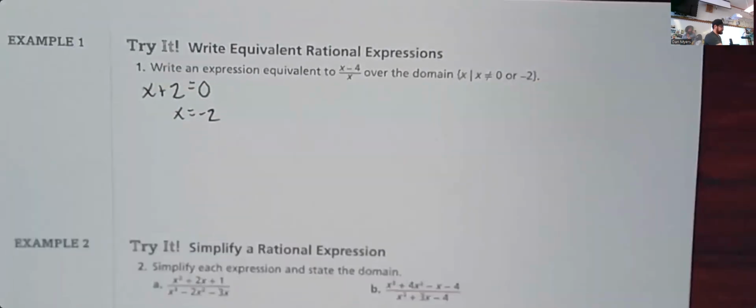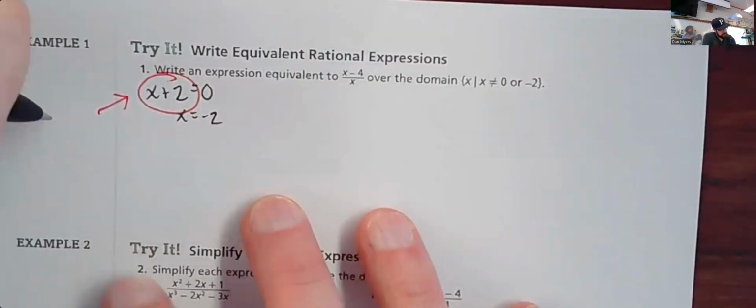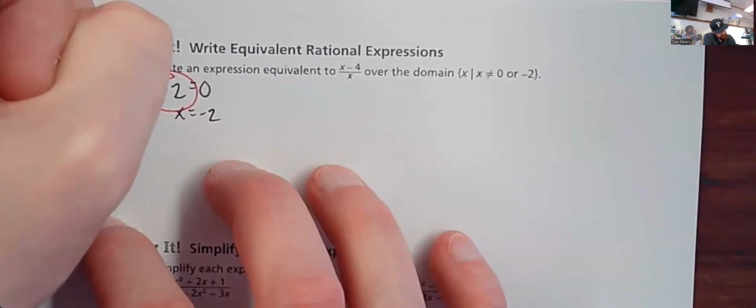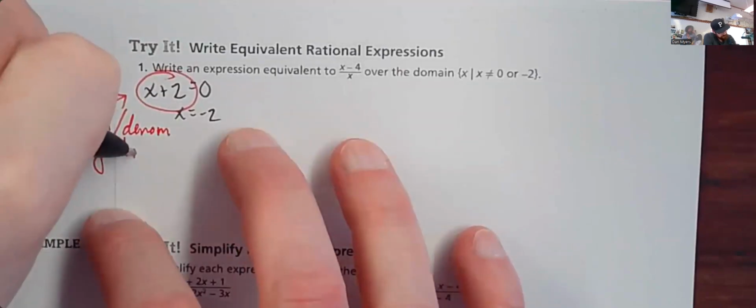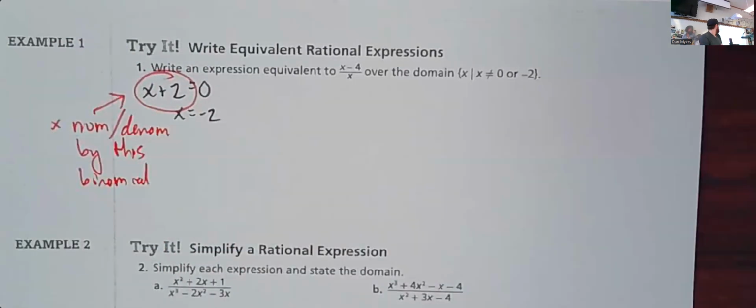So what we're going to do is multiply numerator and denominator by this binomial. If you multiply the numerator and the denominator by that binomial, that can get us back to the quote unquote original problem before things were simplified.